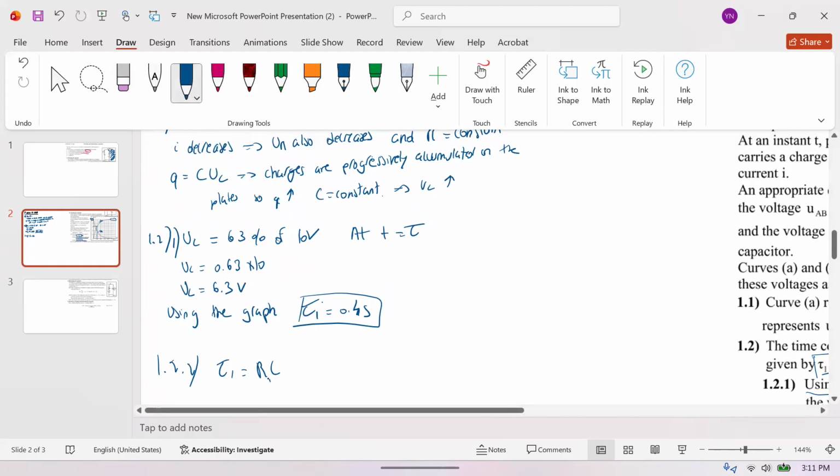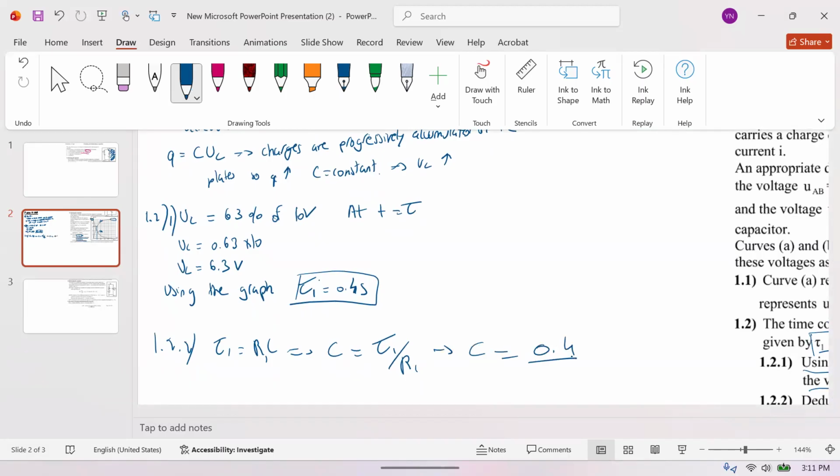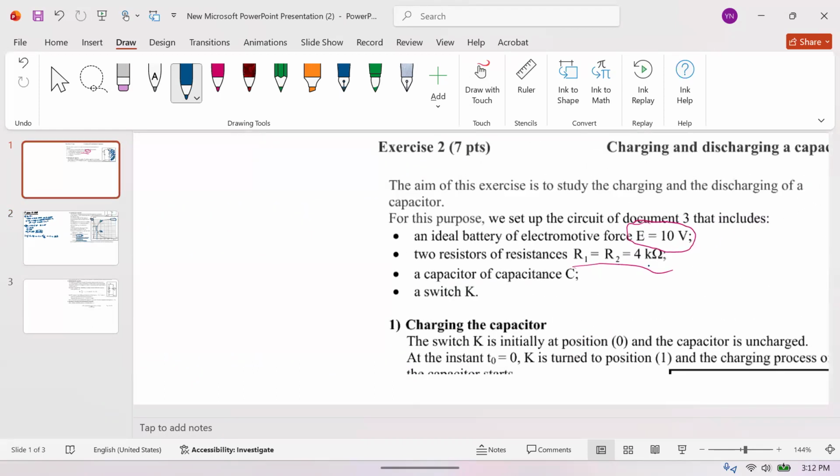Since we know R1 and we know now tau 1, we can calculate C simply by saying that C is equal to tau 1 over R1. So C is equal to 0.4 over R1, which is given here, which is 4 kilo ohm.